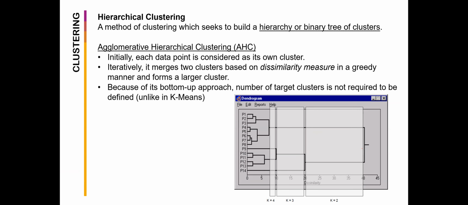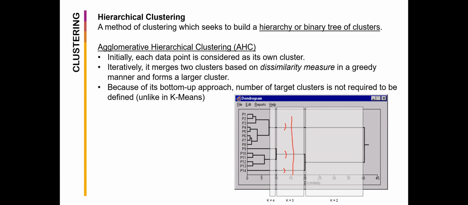It's called the dendrogram. And let's say I want to have 3 clusters. Okay, so from this hierarchy of clusters, will simply cut the tree to come up with 3 clusters. So now I have one cluster composed of points 1, 2, 3, 4, 5, 6, 7, 8, another cluster which is 9, 10, 11, 12, 13, and another cluster which is 14.